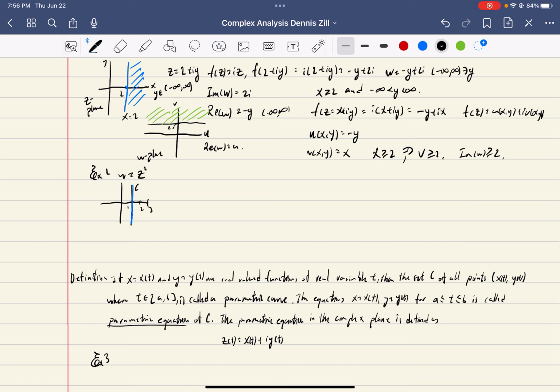Equivalently, you can write it in the complex plane as 1 plus iy, where y goes from negative infinity to positive infinity, right? And now how about we set w equal to z squared.